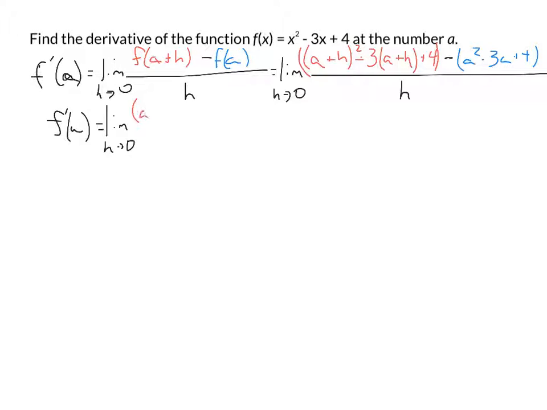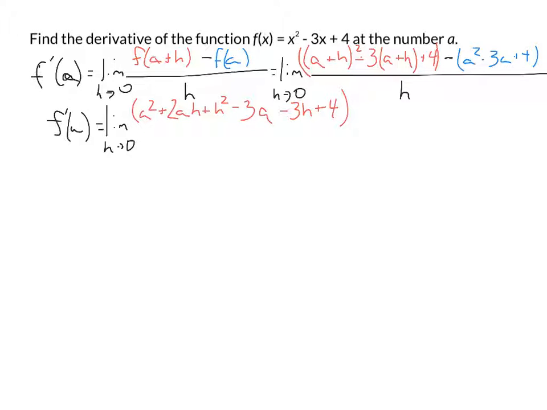We come up with a squared plus 2ah plus h squared, minus, and then negative 3 multiplied by a plus h, so minus 3a minus 3h plus 4.